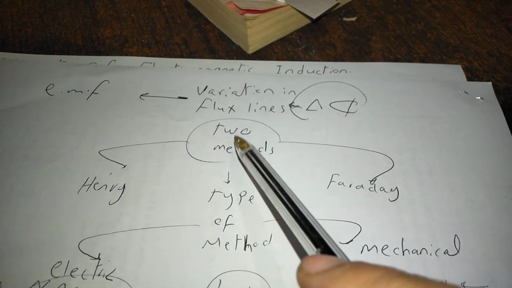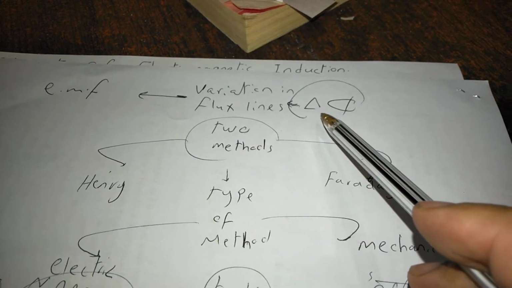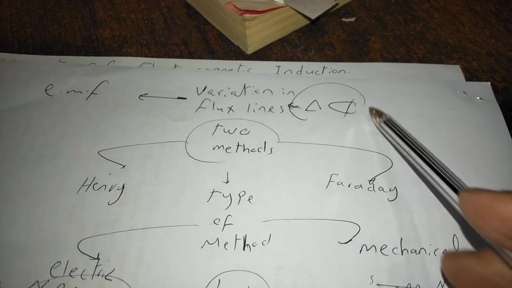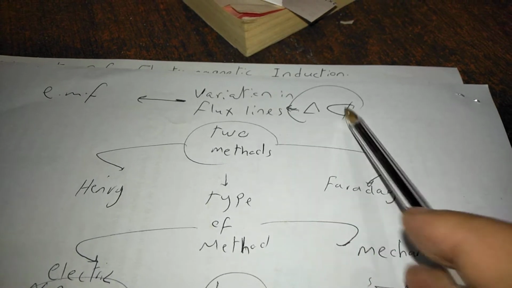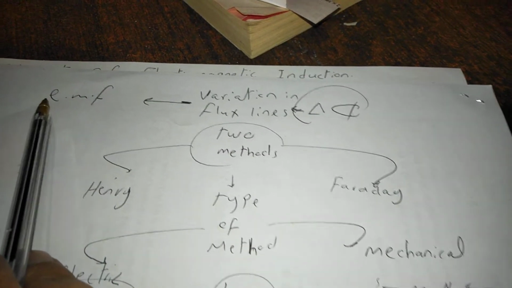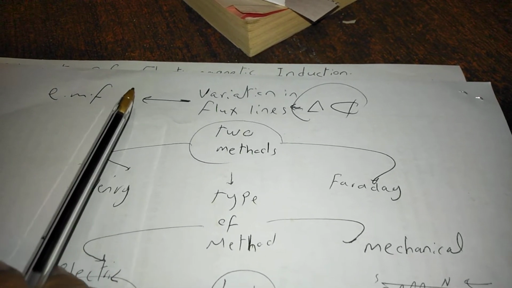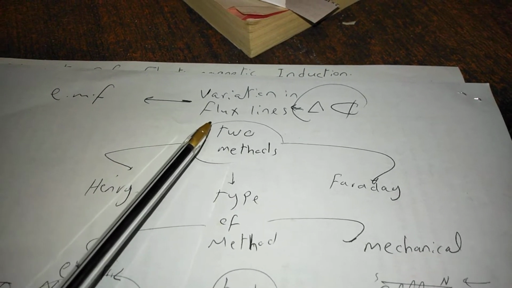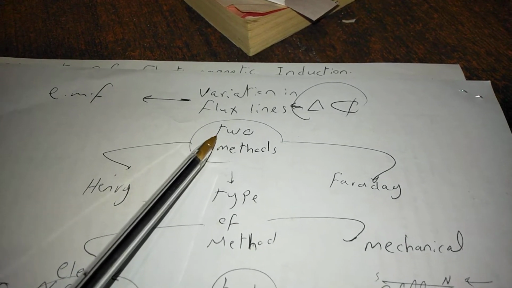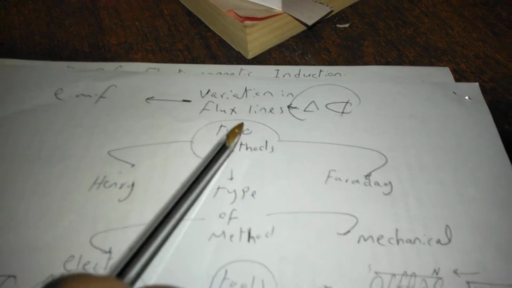Here we have two methods through which we can make a variation in the flux lines to output an induced electromotive force. So what are they? What are these methods that cause a variation in flux lines?